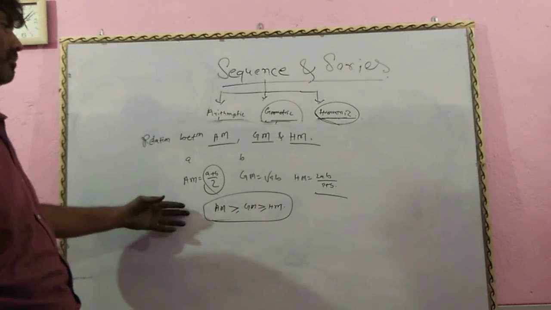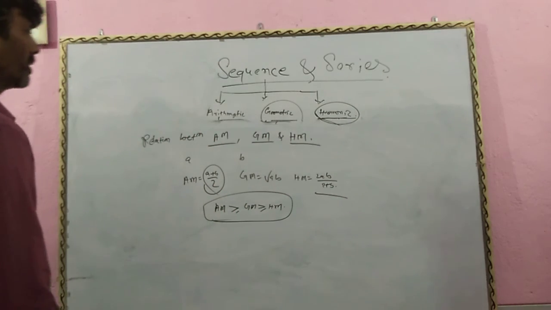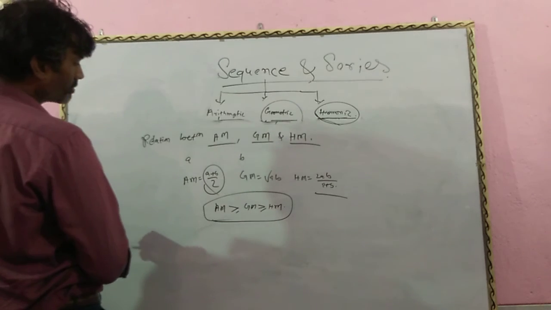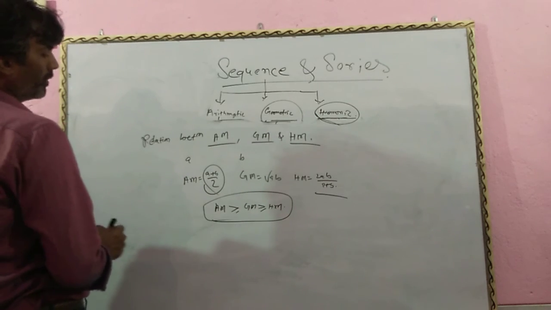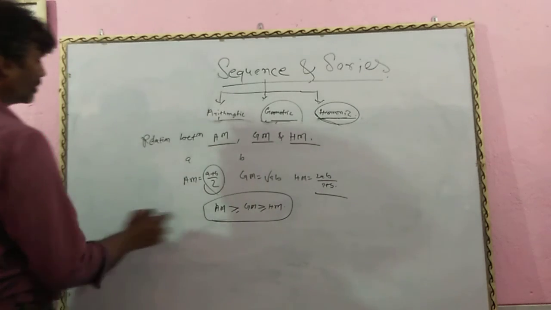This is the relation. How? You have to prove this one. How did it come?